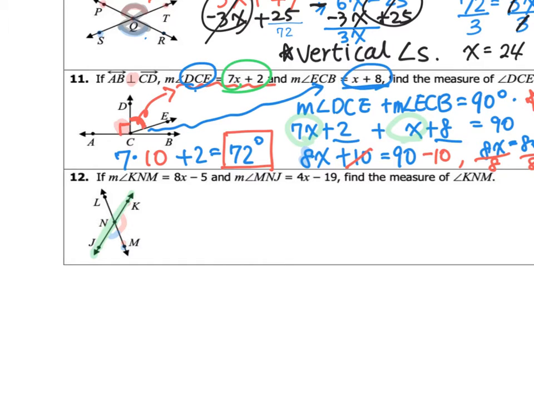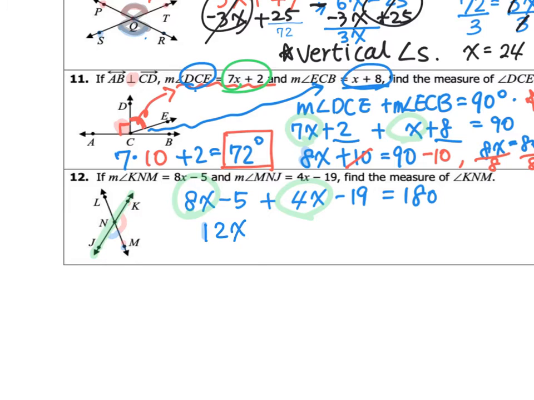So can we set it up? 8x minus 5 plus 4x minus 19 equals 180. Combine the like terms, 8x and 4x, that will be 12x, and negative 5 and negative 19 will be negative 24, equals 180.